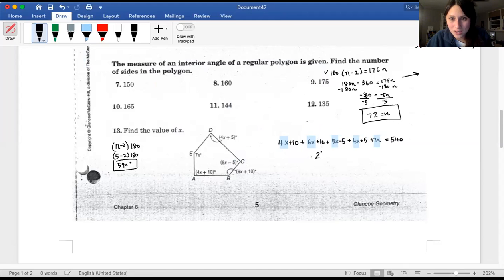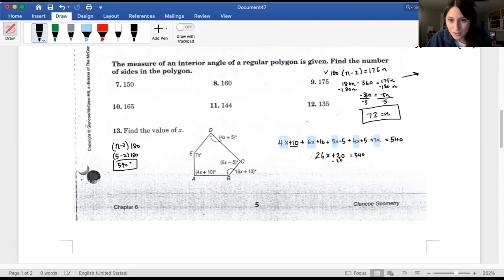So that's 26x plus 10. And then I'm going to add that to my constants. So 10 plus 10 is 20. 20 minus 5 is 15. 15 plus 5 is 20. I'm going to add that to 20 equals 540.